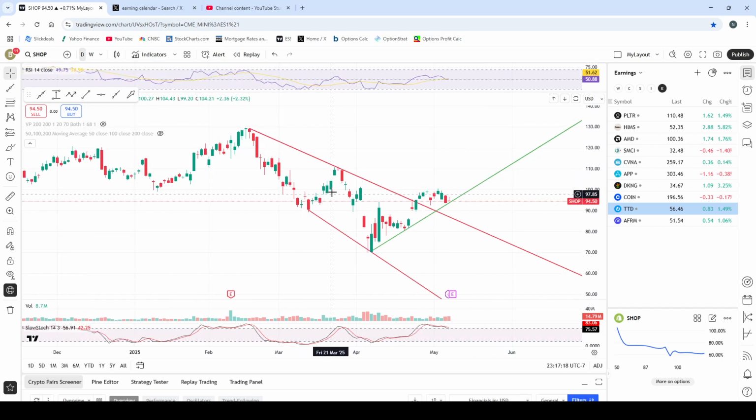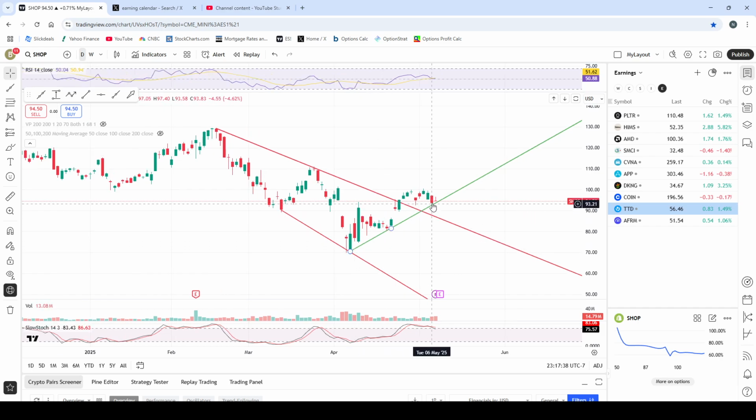For this channel, it's been bouncing between the resistance, which is the top line, and the support, which is the bottom line. Now, it tried to break out of the top red line. And you can see this is the current trend, right? So it's bounce, hit, bounce, hit.